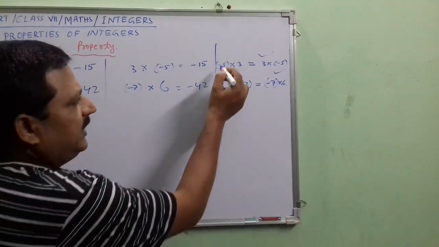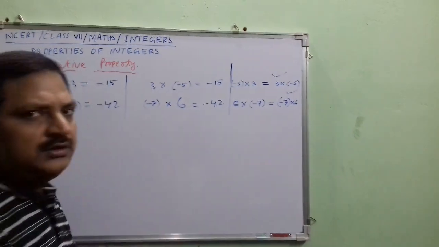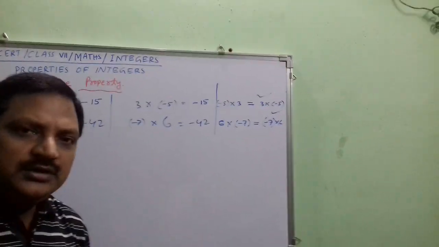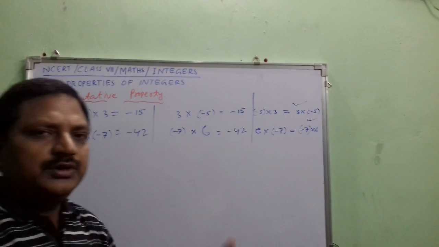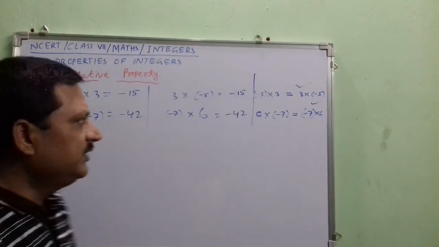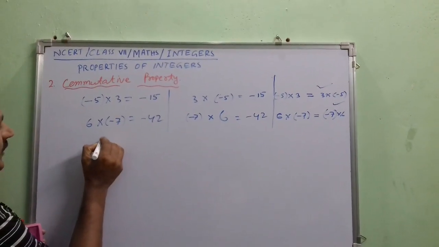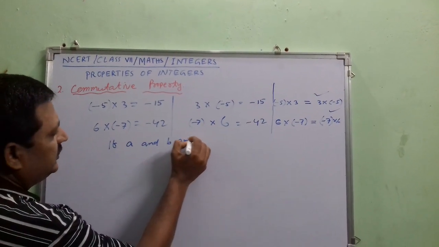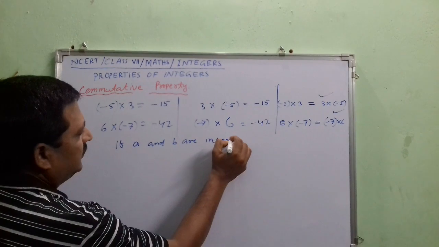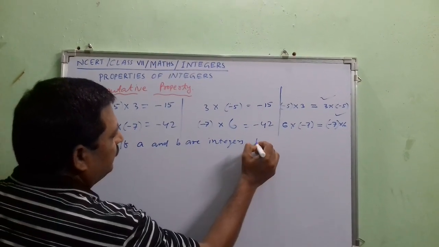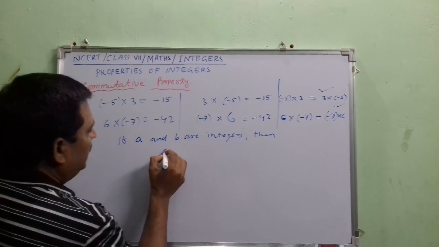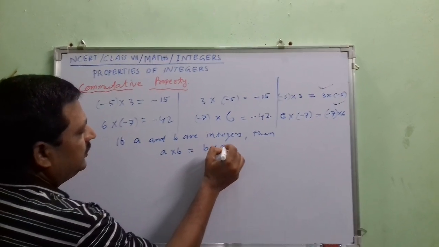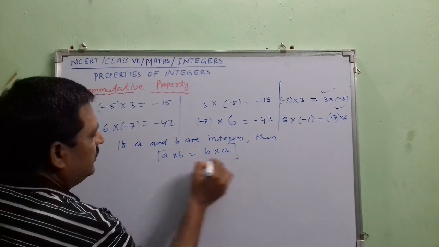That means if I interchange the position while multiplying, it does not affect the result and the product remains the same. We can say that if A and B are integers, then A into B is equal to B into A, right?